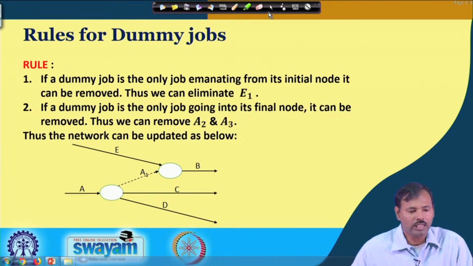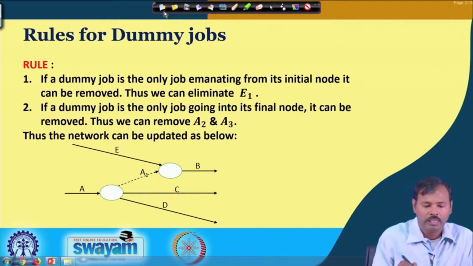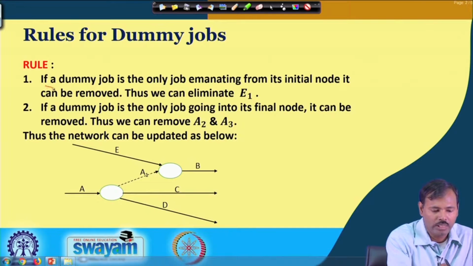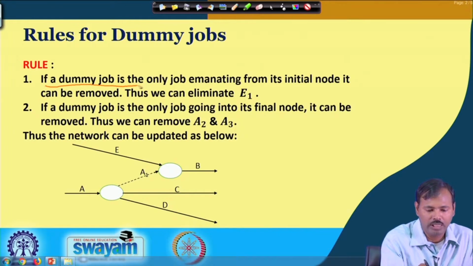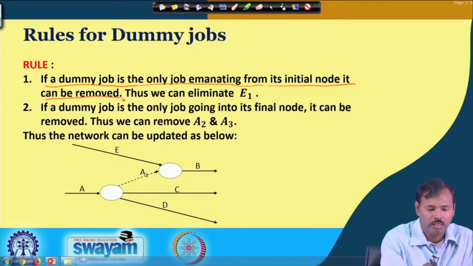So, let us see the first rule. The first rule is that if a dummy job is the only job emanating from its initial node, it can be removed.